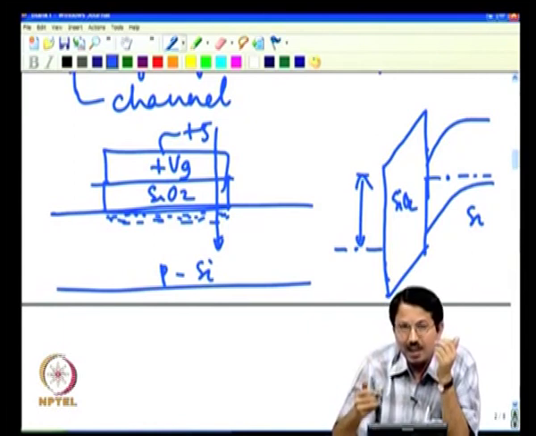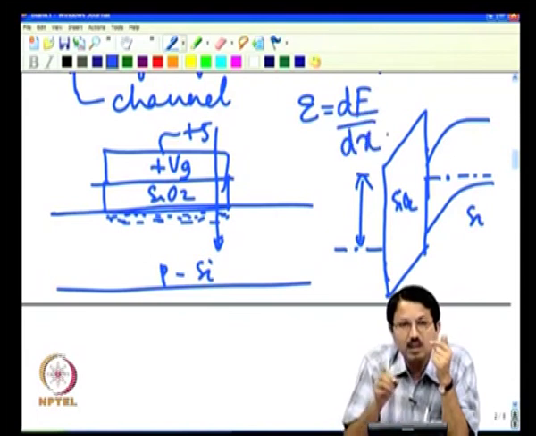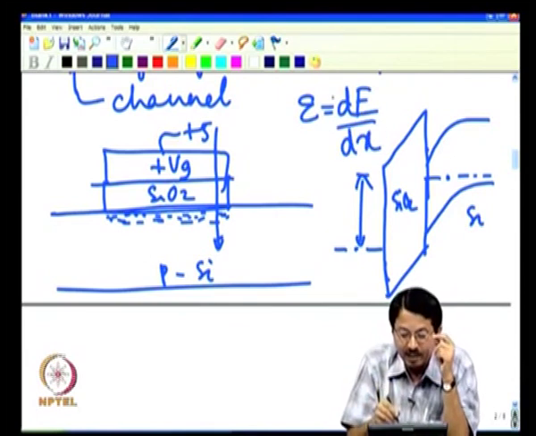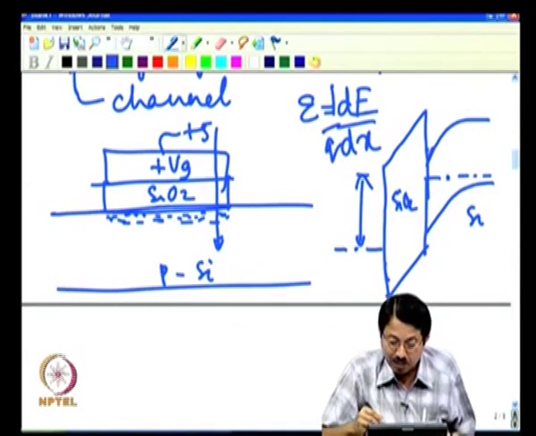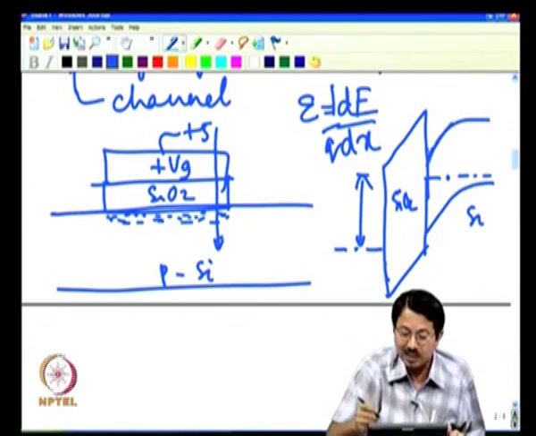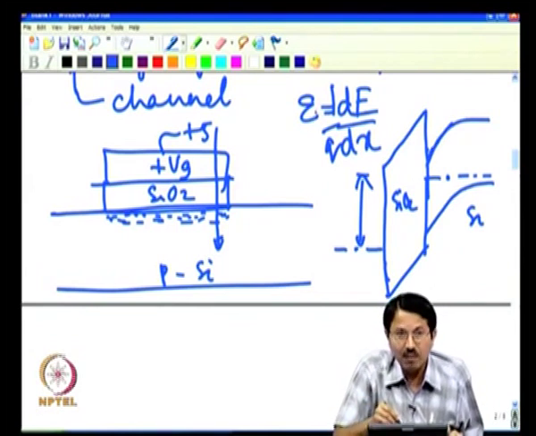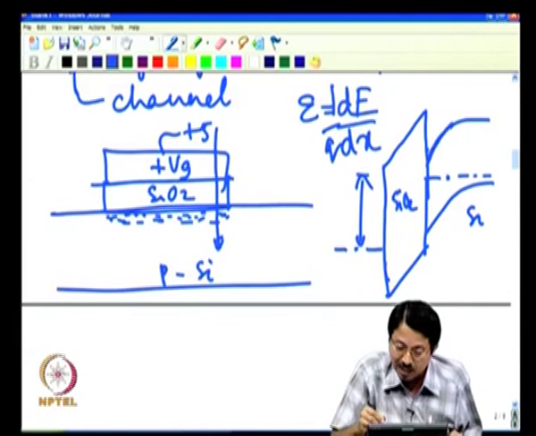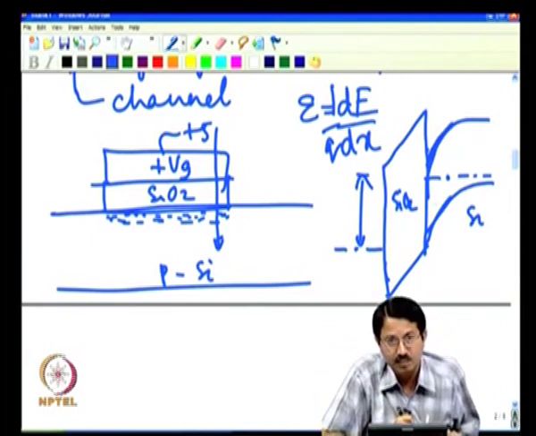And if fields are large, remember we have discussed this, electric field is gradient of band bending, correct. We have 1 over q dE/dx. That is, how fast this band bending occurs, or the gradient of this band, is directly proportional to electric field. If we have higher and higher electric field, these bands bend more and more sharply, something like this, very sharp band bending, indicating that fields are very large.